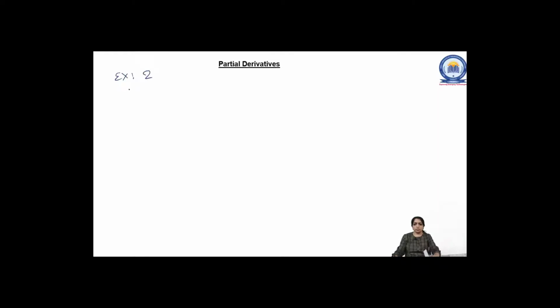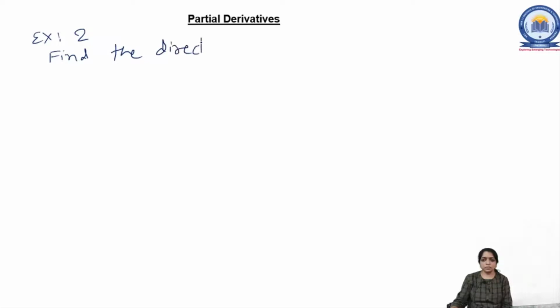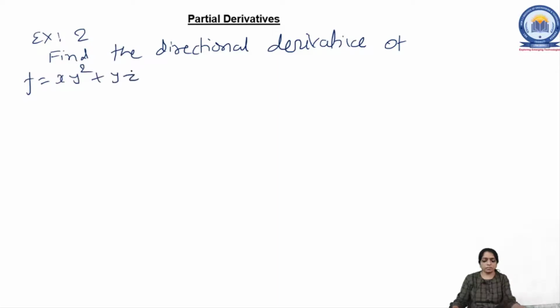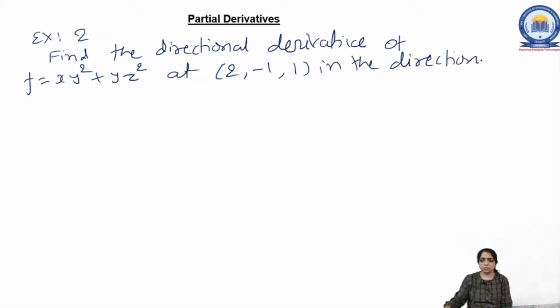Here find the directional derivative of f equal to xy² plus yz² at the point (2, -1, 1) in the direction of the vector i plus 2j plus 2k.